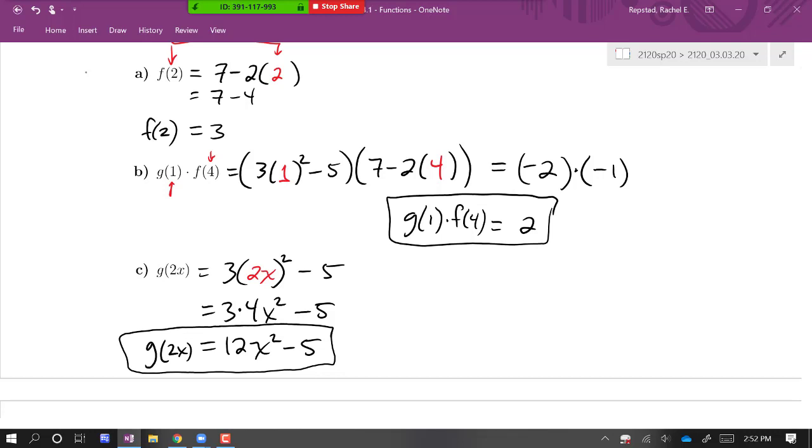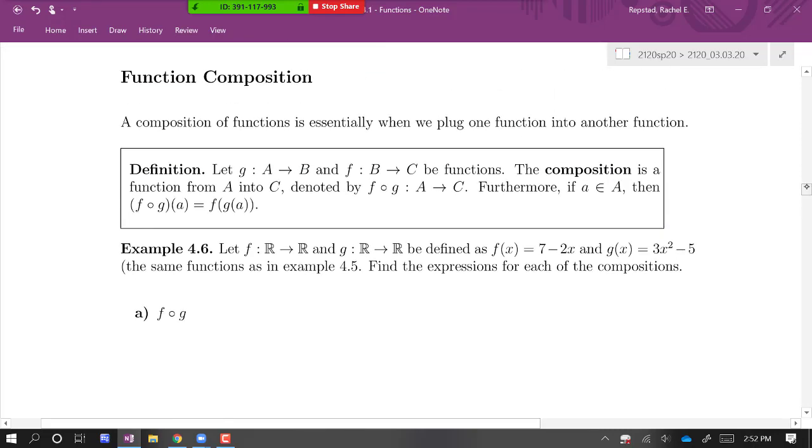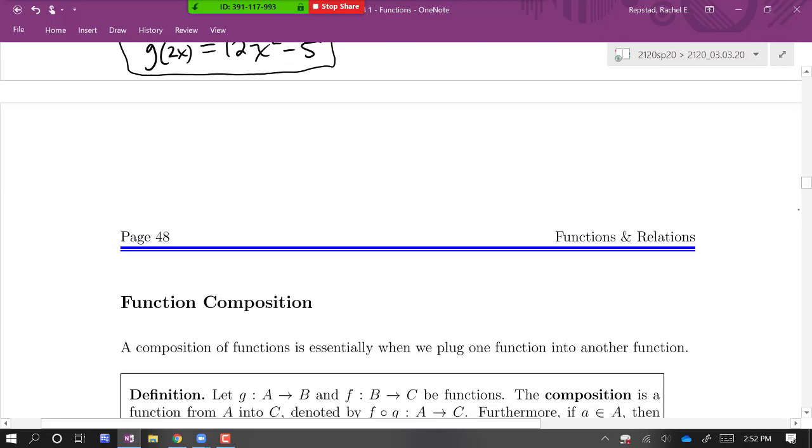If we have a couple of functions and their domain and codomains are compatible with each other, then we could compose the functions together. Here's what I mean by compatible. In this definition, g is a function that maps from A to B. I'm going to do a little sketch up here in the margin.